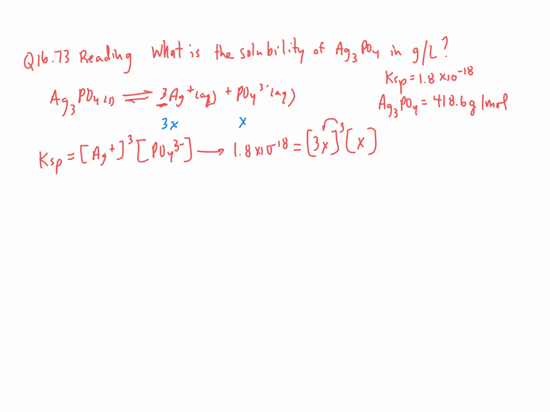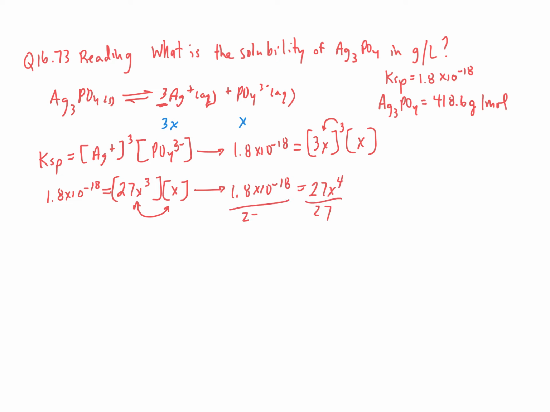So we're going to cube 3, and multiply that to get our Ksp, 1.8 times 10 to the minus 18 equals 27x cubed times x. When we multiply these two together, we add the exponents. So we're left with 1.8 times 10 to the minus 18 equals 27x to the 4th.